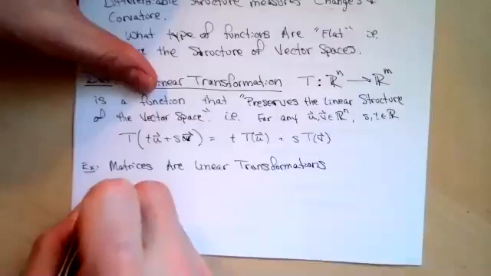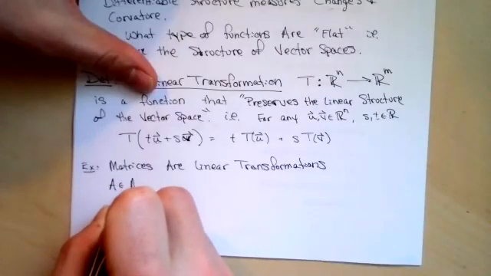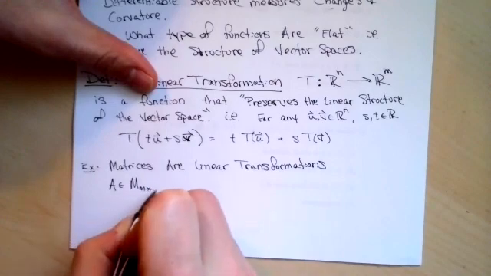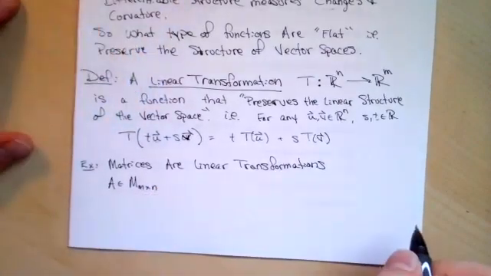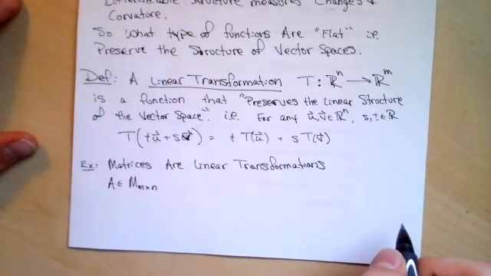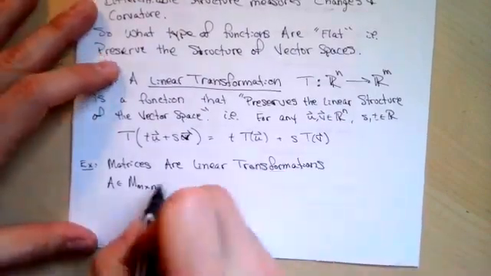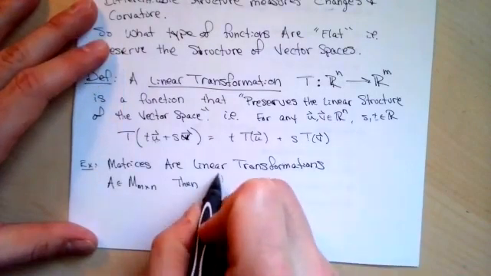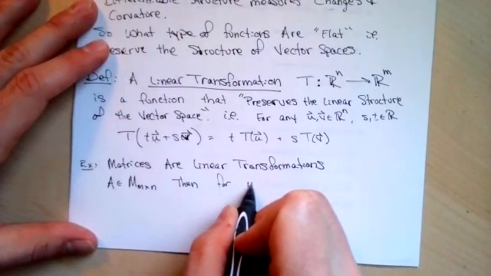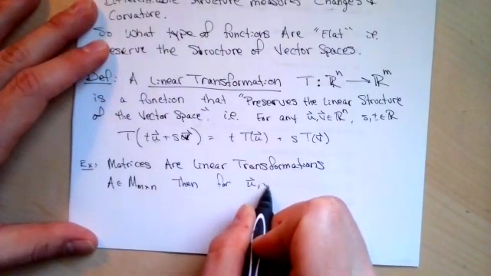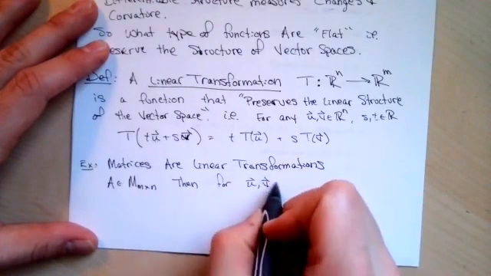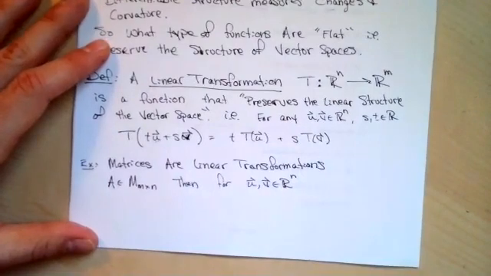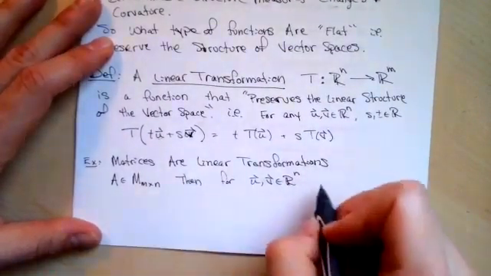So if we have a matrix that is m by n, then what does that mean? It's got n columns. That means it can act on n-dimensional vectors by multiplication.